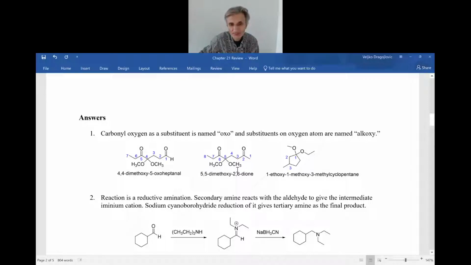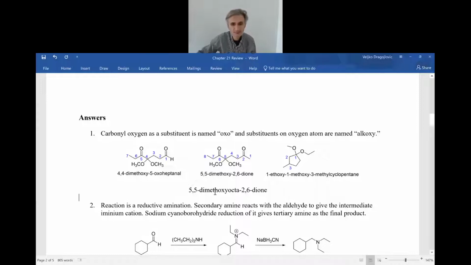And on carbon 5 now, we have two methoxy substituents. So it's 5,5-dimethoxy, octa, 2,6-dione.